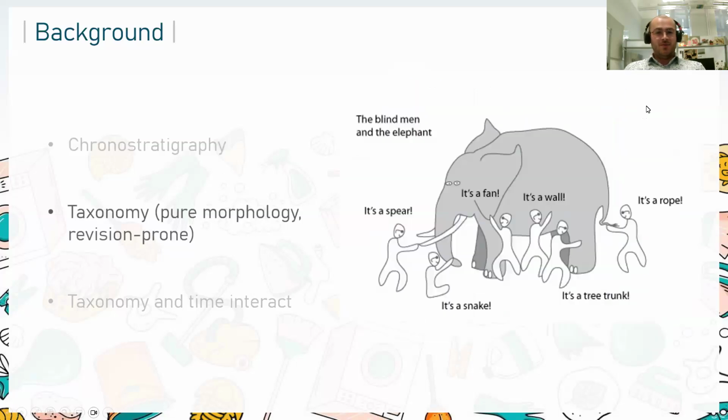Similarly, when it comes to the taxonomic assignments in our data set, we can't really get genetic sequences from our taxa and see how different or similar they otherwise are.